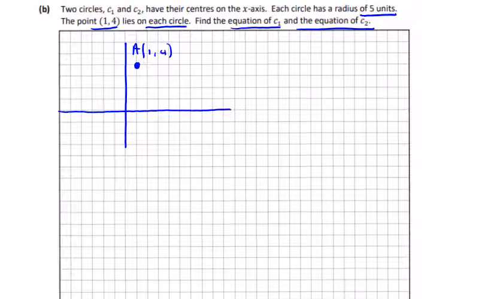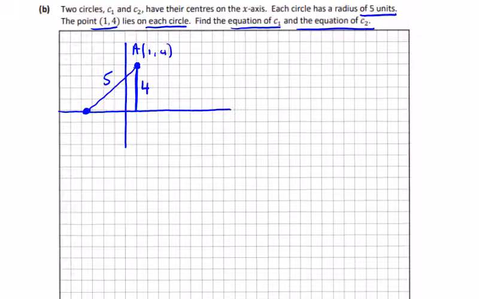Now, there's the center of this circle, so A is on the circle because it touches. So let's just assume that this is the radius. If we go straight down to the x-axis, we're only going down 4 units. So if we put the compass on the center, it'll be 5 units to go through A, so that has to be 5.